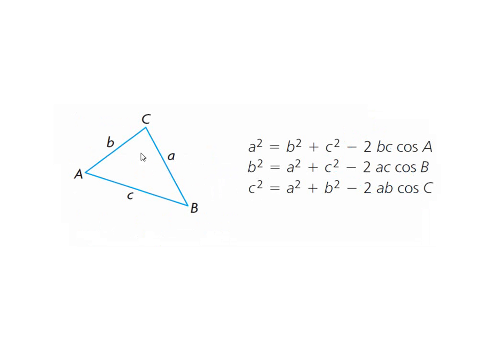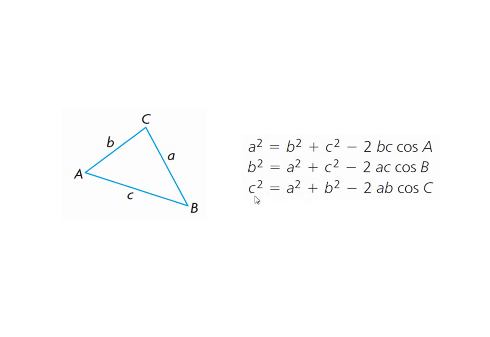And then the cosine law. This is the cosine law, right? The cosine law looks scary. However, it's not scary at all, right? Because the first part of the cosine law is the Pythagorean theorem.